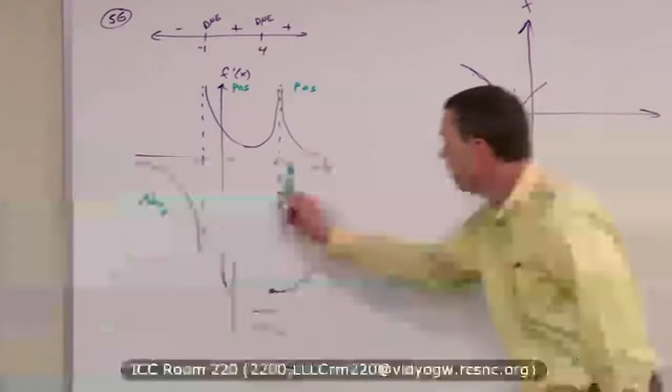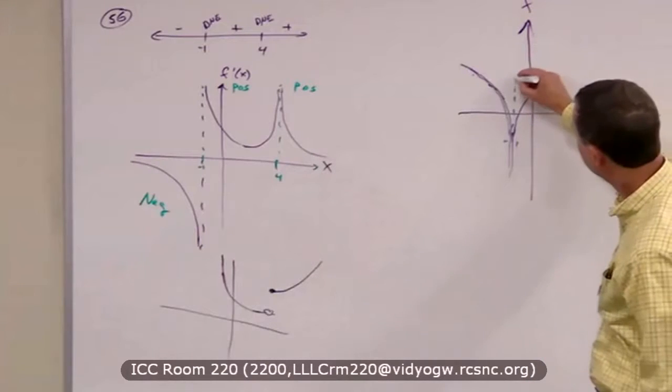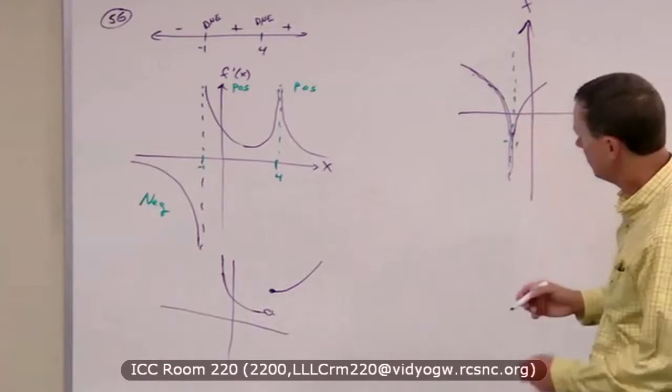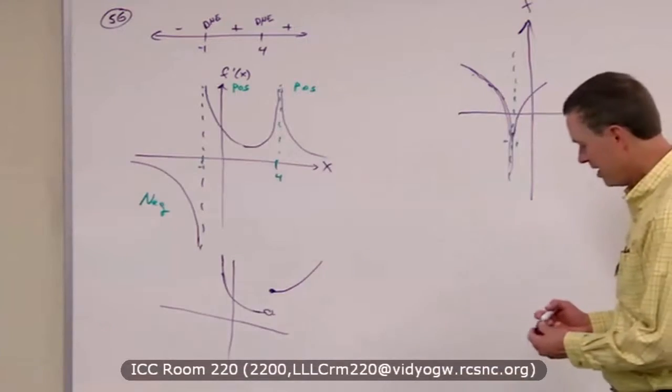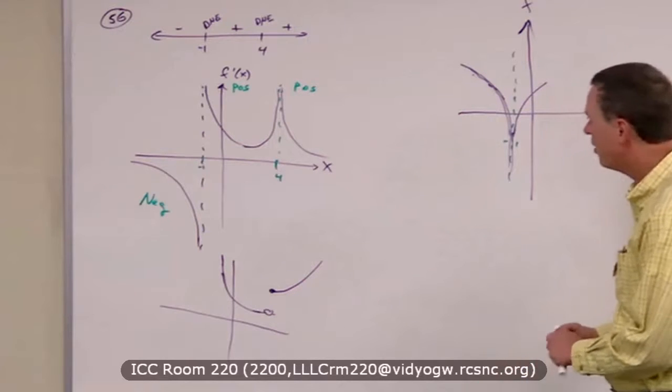Now, how does it match the rest of it? Oh, it doesn't. I'll tell you what, it doesn't. There would be another asymptote at 4.